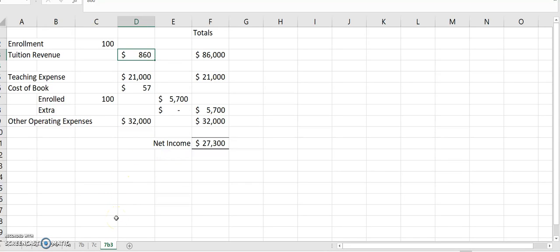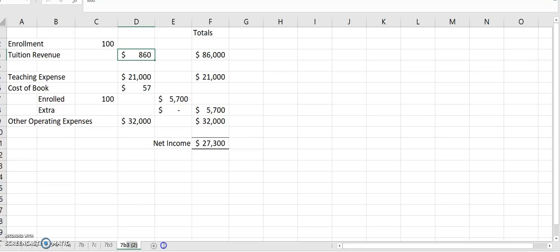What are some decisions that we could make? What's our best alternative to maximize our profits here? So then the next scenario is, what if we had 115 students come in at this high cost book? What does that scenario look like?